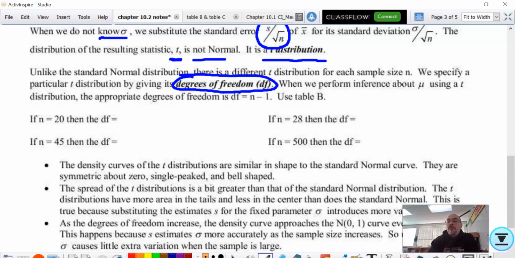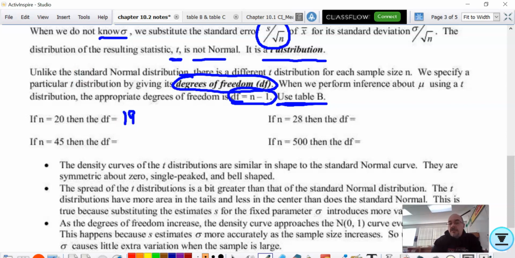When we perform inference about the mean using a t-distribution, the appropriate degrees of freedom is n minus 1. That means the sample size minus 1. Use table B, and I'll demonstrate table B here in a minute. So if the sample size is 20, our degrees of freedom will be 19.